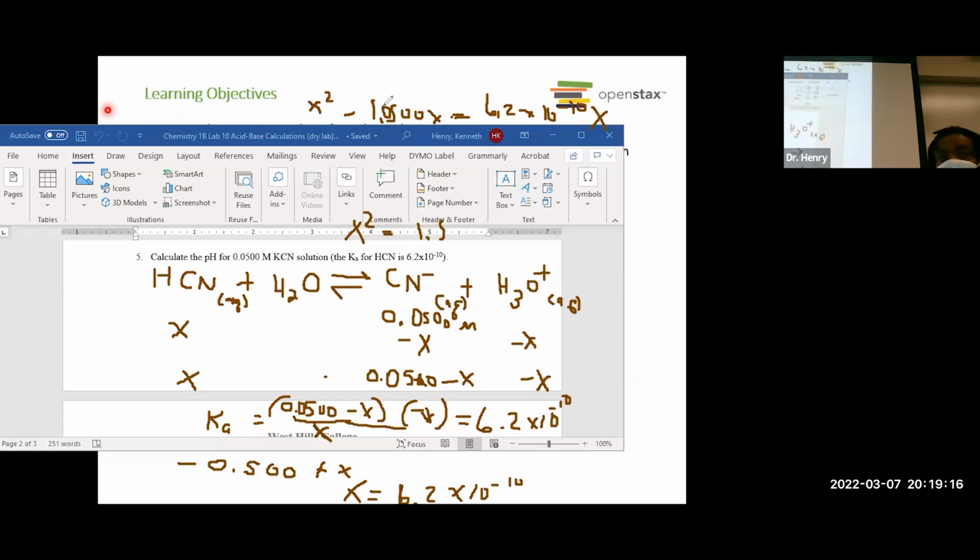Oh, I know the problem. Okay, so I messed up on my signs because we're assuming this guy's at equilibrium.